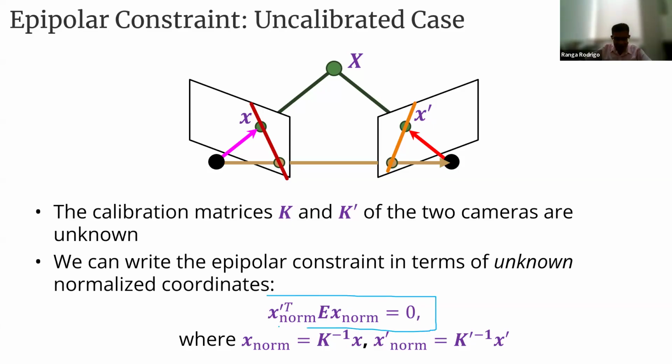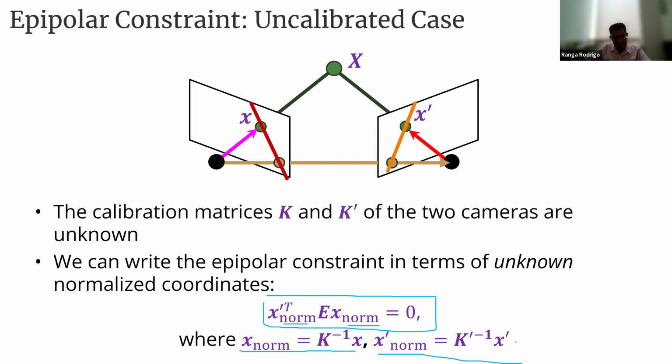This is the same formula that we saw in the previous slide. x prime transpose Ex is 0. Now I'm specifically saying that these are the normalized coordinates. The formula for the normalized coordinates is you just multiply x with K inverse. And x prime is normalized by multiplying with K prime inverse. So these were things that we did before.